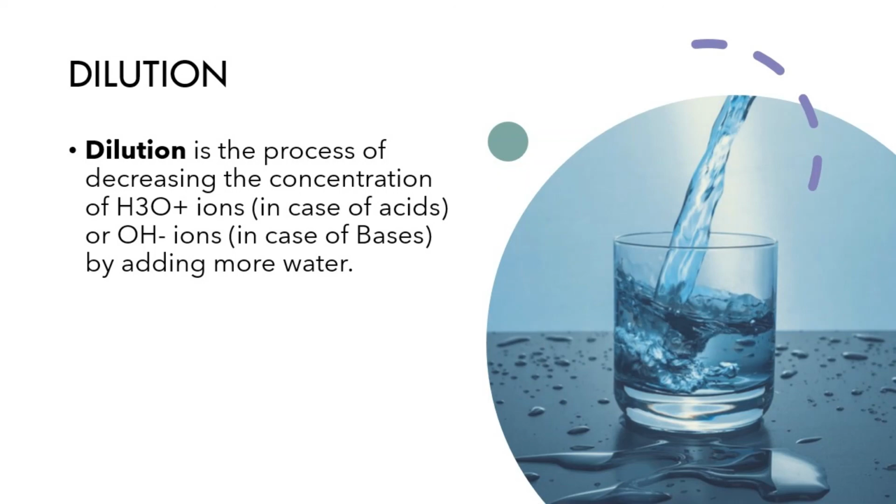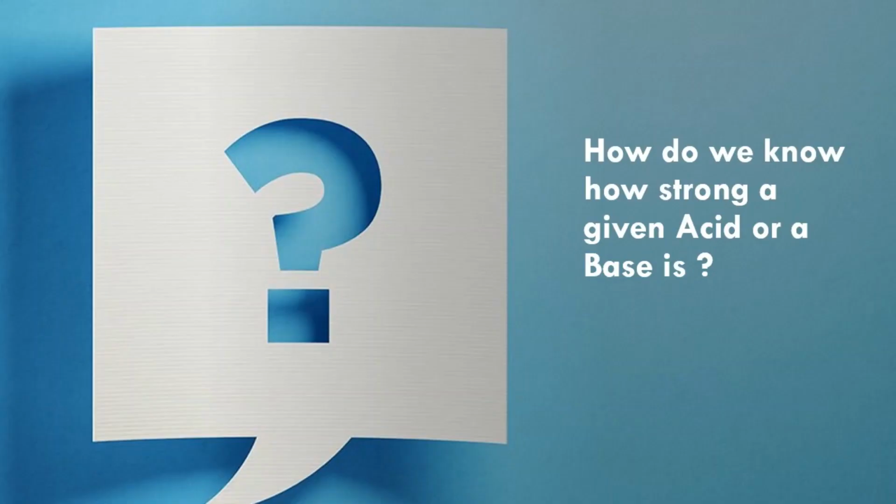In the case of acids, the concentration of hydronium ions per unit volume of the solution reduces, and that is dilution of acids. And in bases, the concentration of hydroxide ions per unit volume of the solution decreases, and this reaction is called dilution.